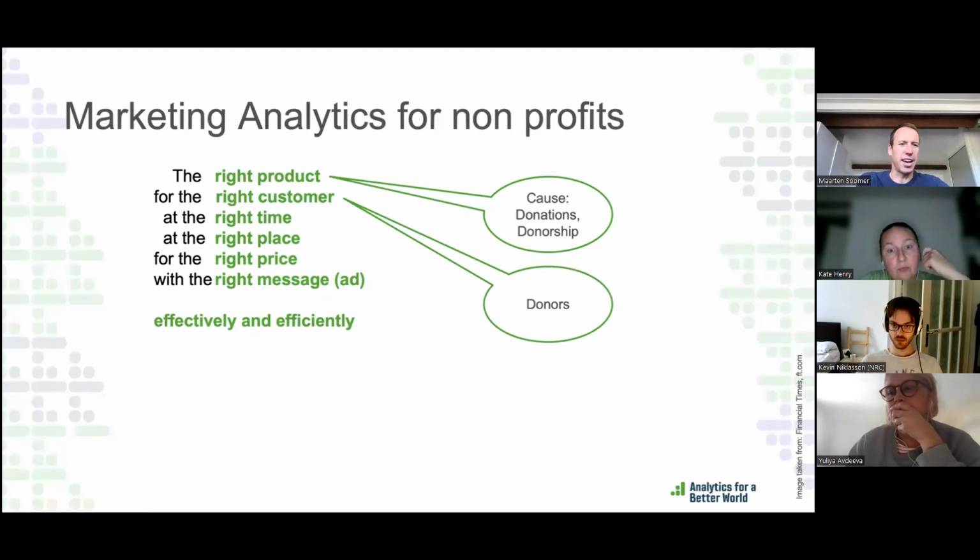Not actually the side of the non-profit that gives the aid, but the side of the non-profit that is raising the money to be able to support the cause and do all their good work.